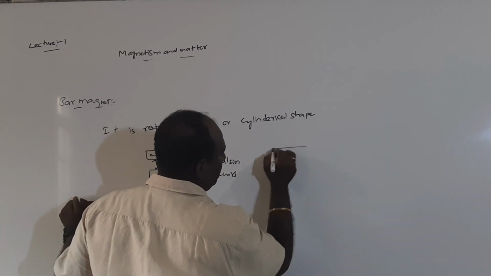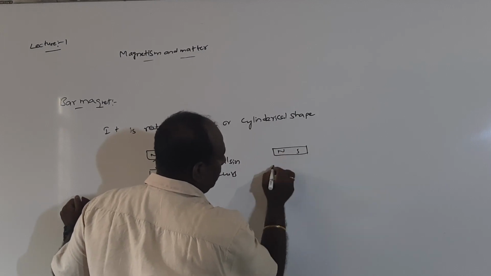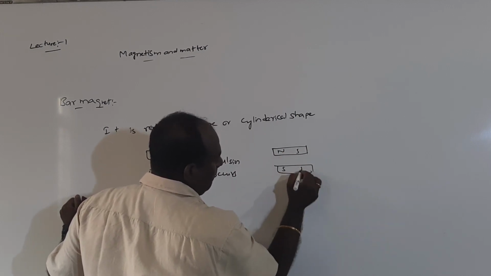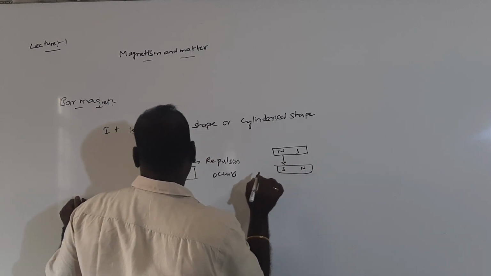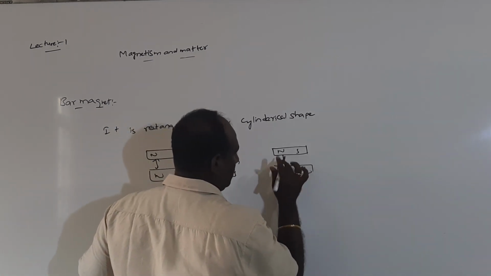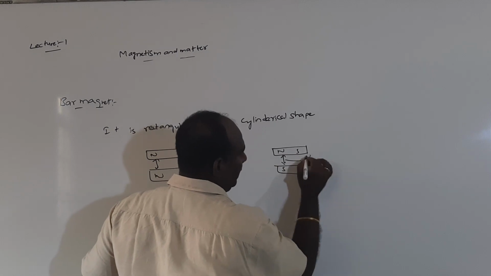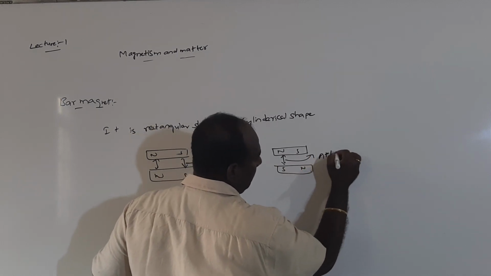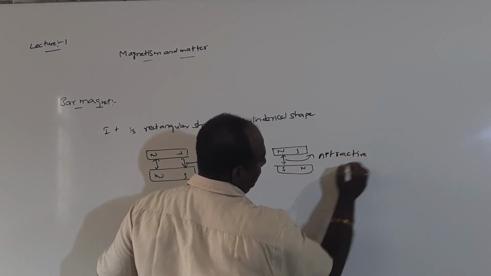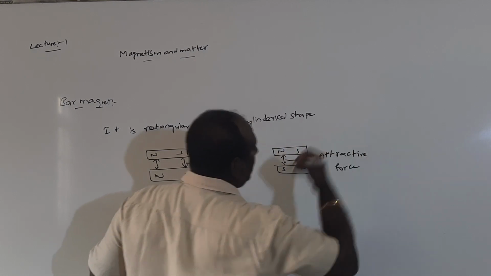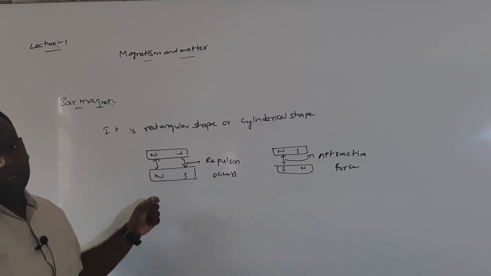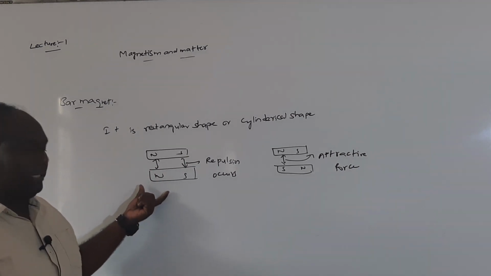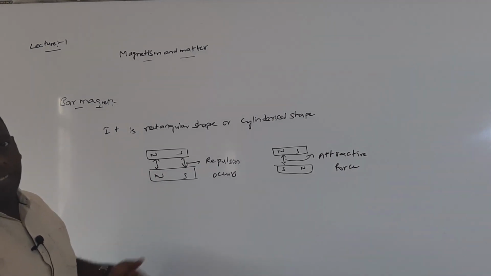If you bring unlike poles together, attraction occurs, an attractive force. So from this we can say a magnet has two poles, north pole and south pole, and like poles repel each other and unlike poles attract each other.